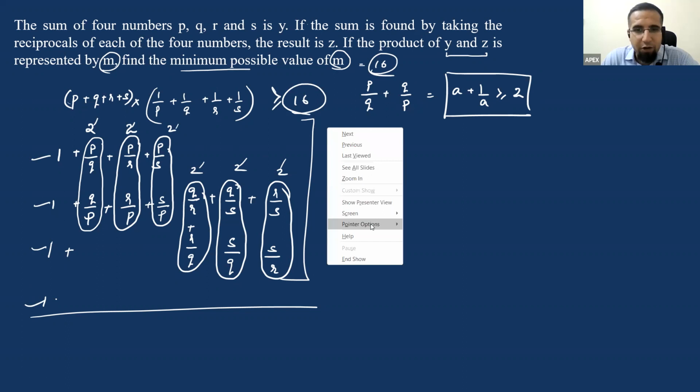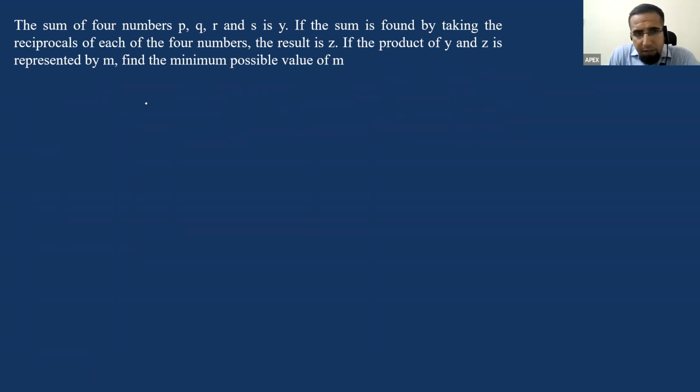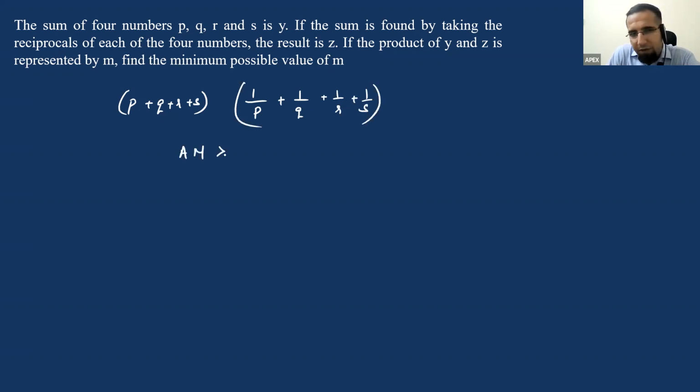Now, what is the next method that we can also apply? We can also apply, if I see P plus Q plus R plus S, and I'm seeing the inverse part of it. Okay, now this is where the harmonic mean comes into picture. Clear? So the condition that we apply is arithmetic mean is greater than or equal to geometric mean, which is also greater than or equal to harmonic mean.